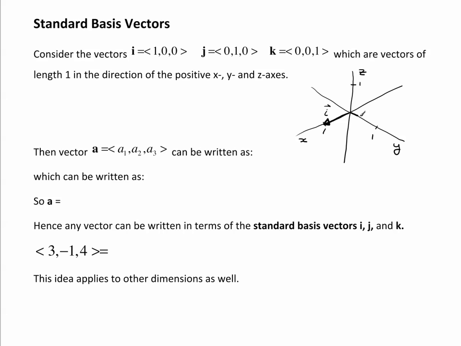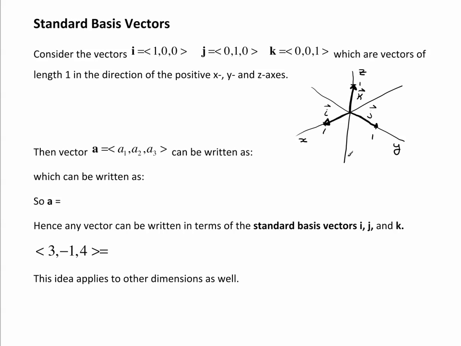Vector j is right there. That's j. And k is here. So these are all of length 1, and because of these coordinates, i, j, and k correspond with the x, y, and z axes.